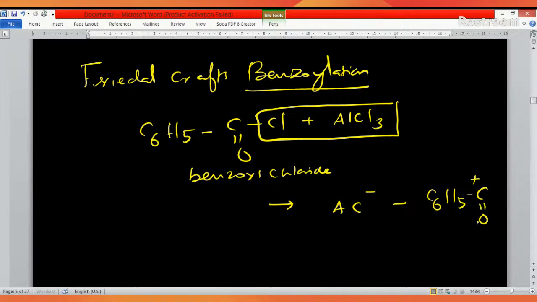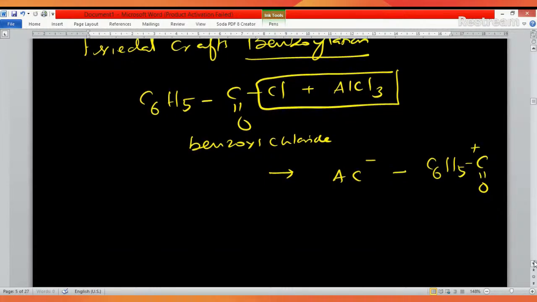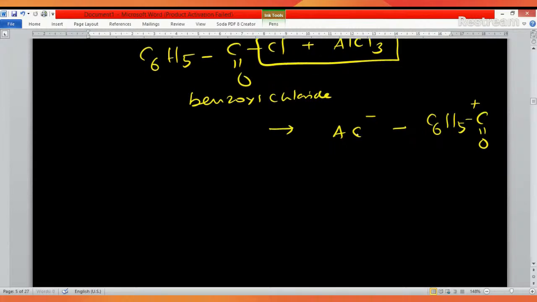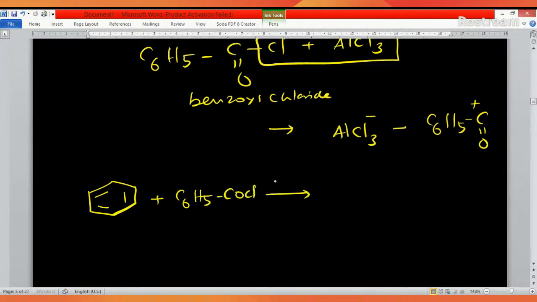If you introduce this benzoyl group in the benzene ring, take a benzene ring that must be treated with C6H5COCl and anhydrous aluminum chloride. On introducing this group, the final product can be understood as follows.